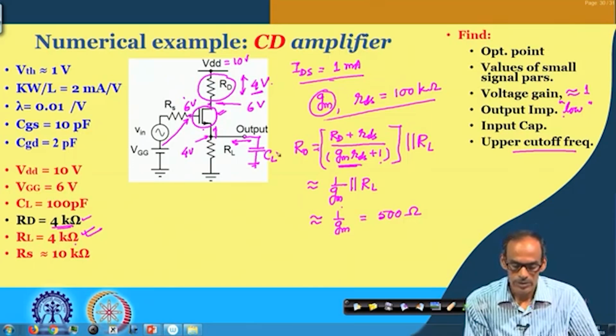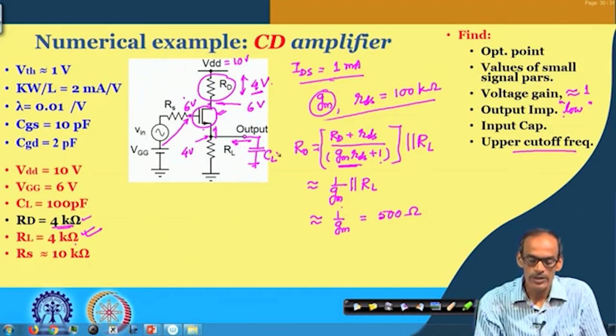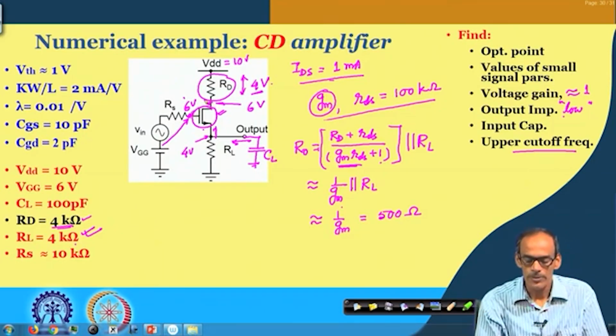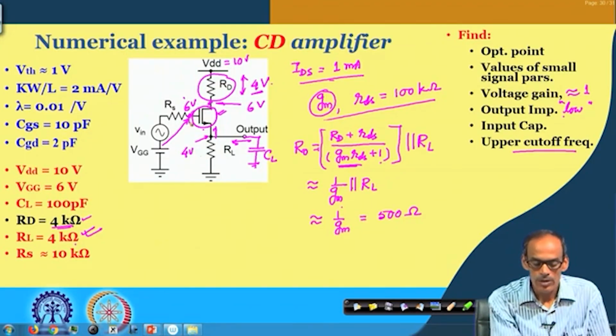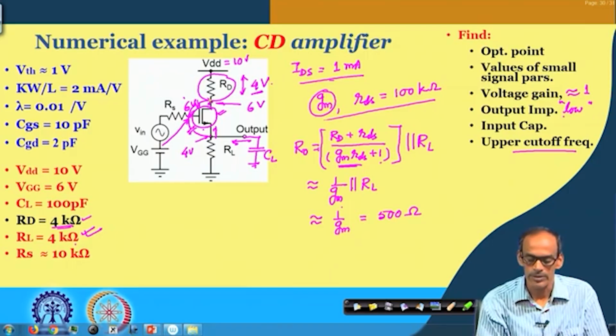Only another important thing, you must be careful that the voltage coming from this point to this point is also prominent. As a result, not only CGS, but CGD is also having a Miller effect part.